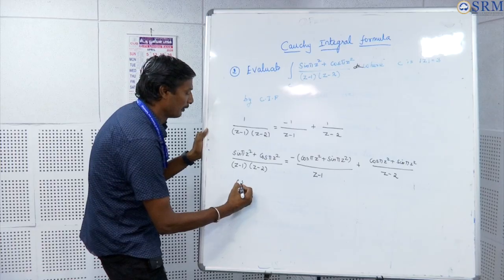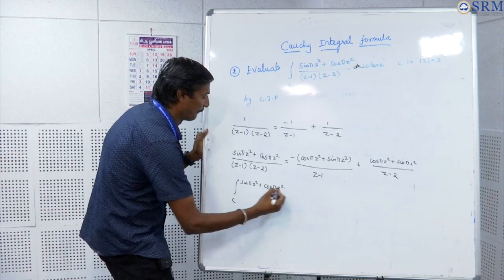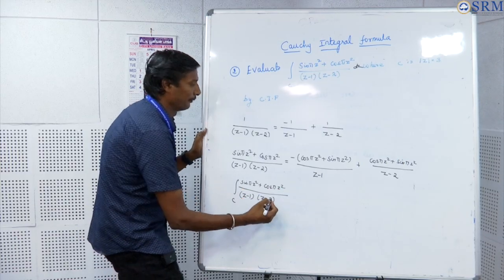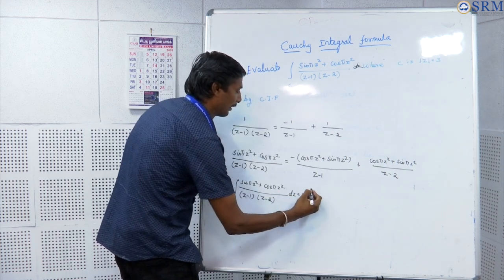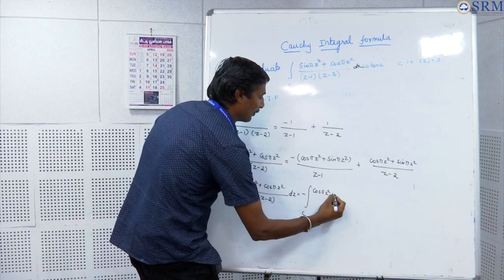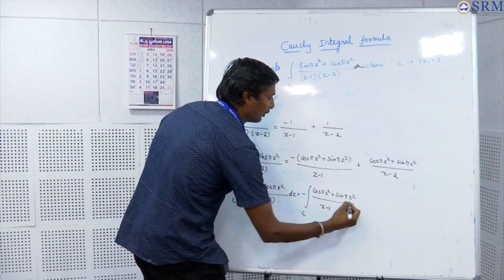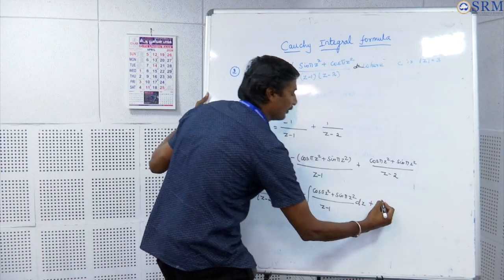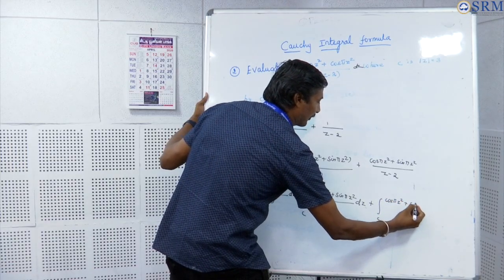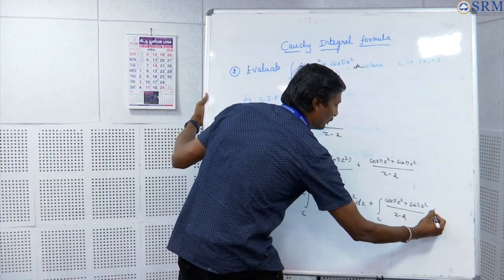Integral over C of (sin pi z square plus cos pi z square) upon (Z minus 1) into (Z minus 2) dz is equal to minus integral over C of (cos pi z square plus sin pi z square) upon (Z minus 1) dz plus integral over C of (cos pi z square plus sin pi z square) upon (Z minus 2) dz.